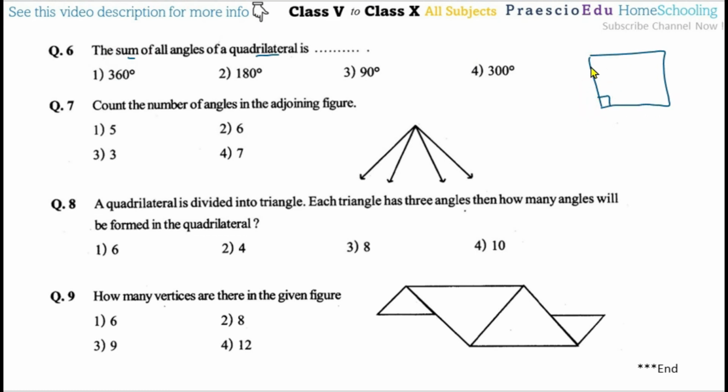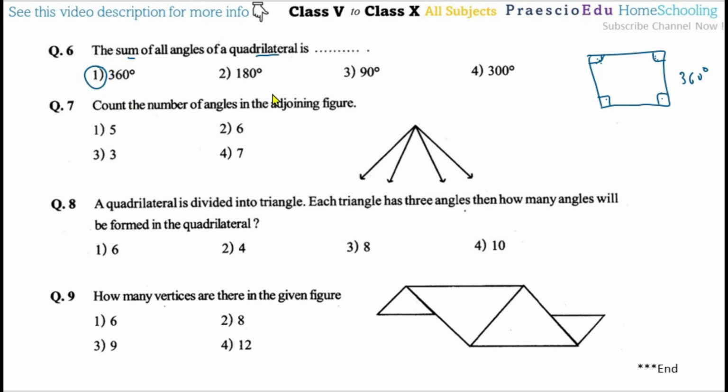If each is 90 degrees, it will be a rectangle. But it's not necessary that every time it is 90 degrees; if one is more than 90, another reduces, and if you measure all 4 angles the total will be 360 degrees. So option number 1 is the correct one.